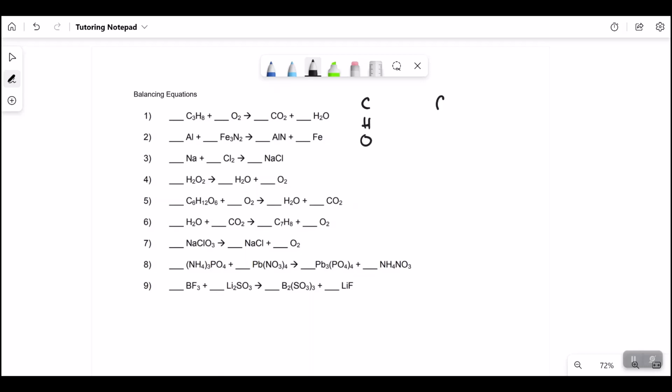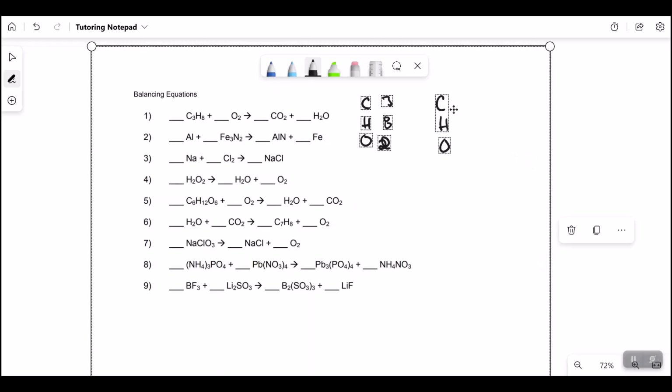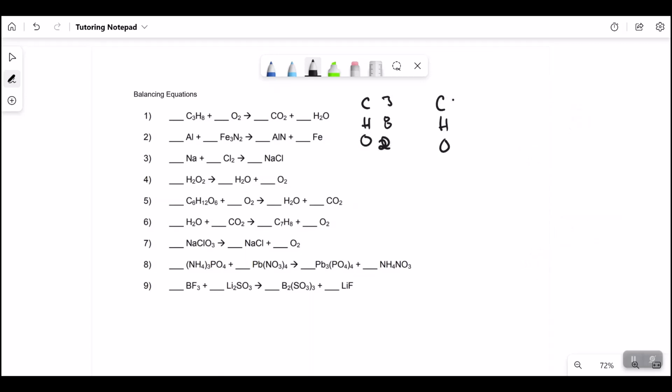And we have the same thing for the other side. We can see that we have 3 carbon, we have 8 hydrogen, and we have 2 oxygen. And on the right side, we can see that we have 1 carbon, 3 oxygen, and 2 hydrogen.